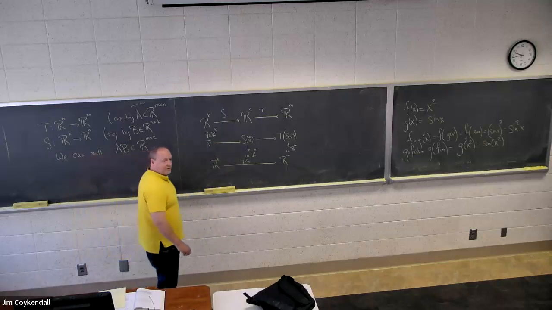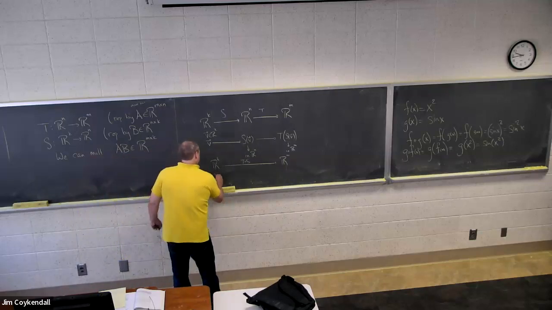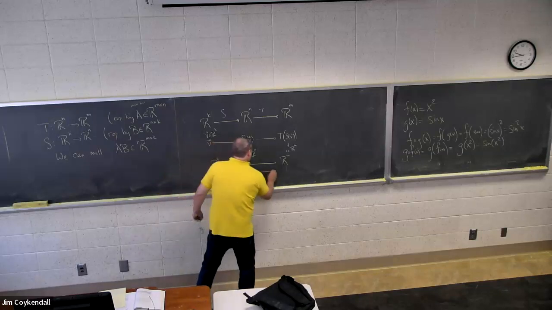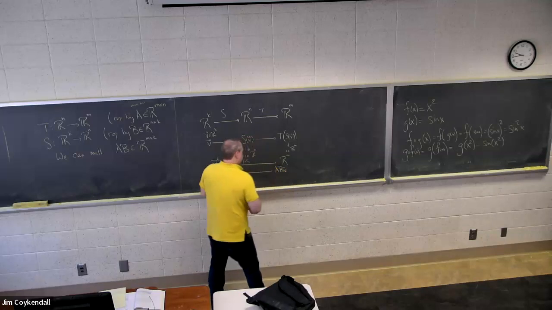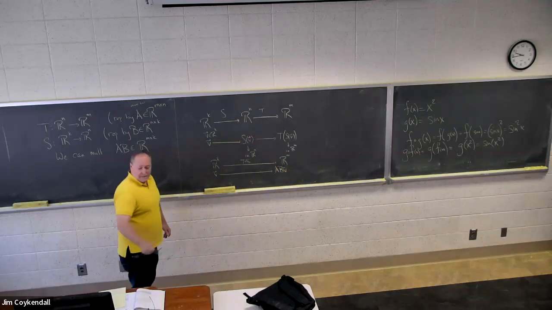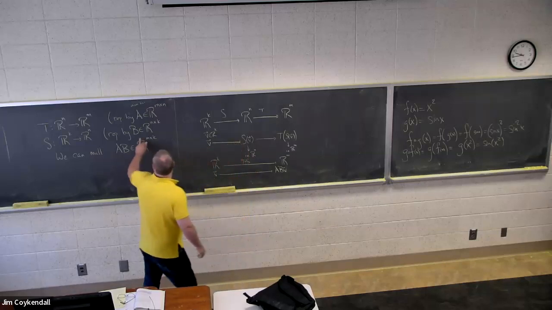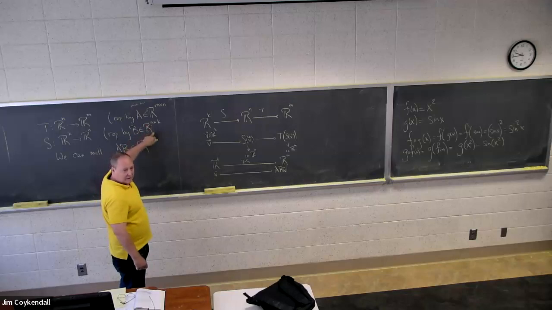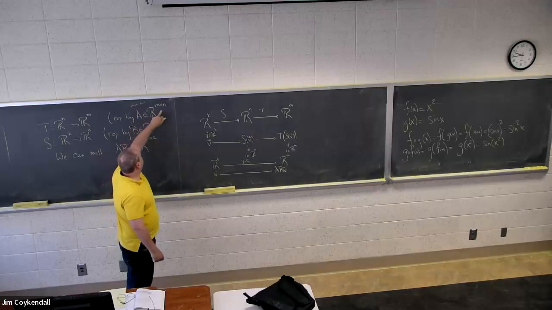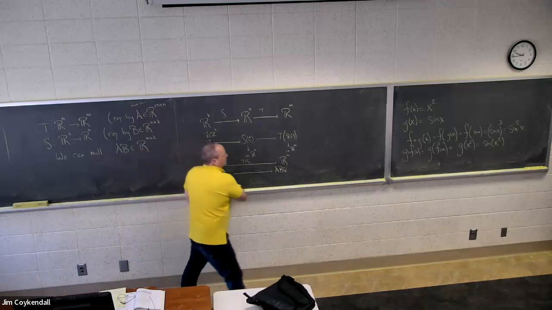You're supposed to write it as a matrix. B goes to AB, right? Notice what B does: it takes the k by 1 vector and turns it into an n by 1 vector. And then when you apply A to it, it takes the n by 1 and turns it into an m by 1. So it gets you exactly where you want to go.